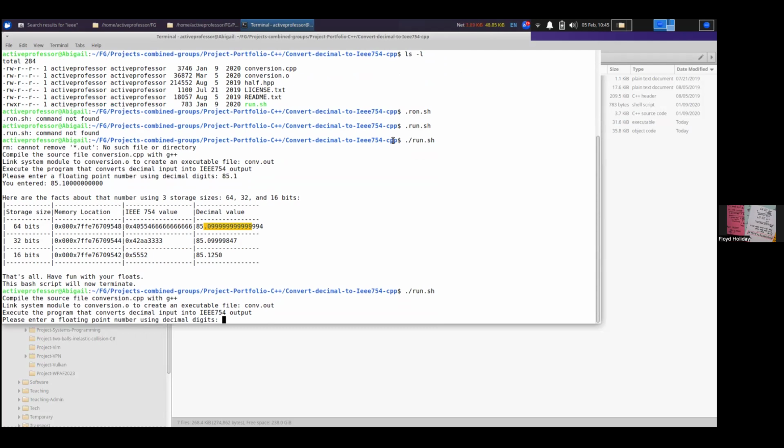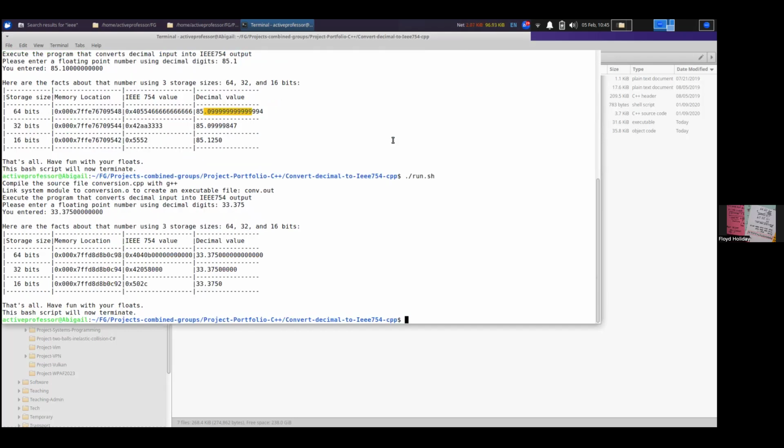This is finite. This is binary. It'll give you a precise, accurate answer. 33.375. And the machine says this one here, 404.